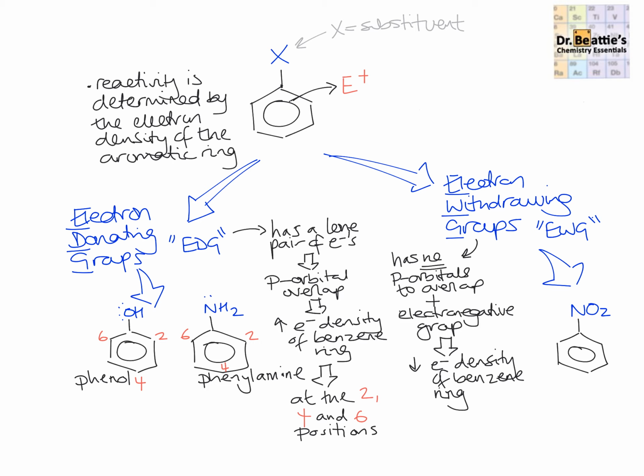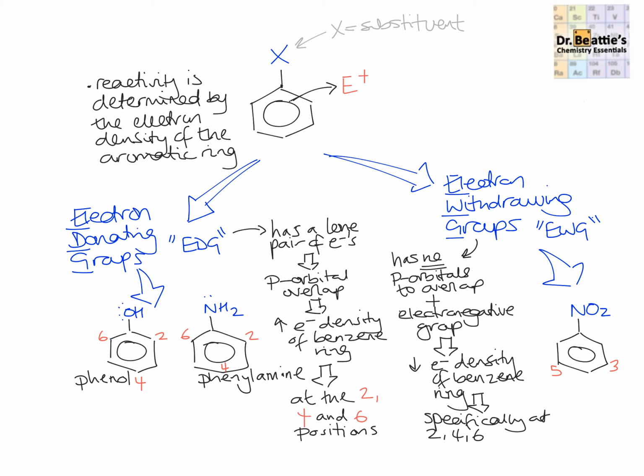Now, not all things are equal, and what actually happens is it takes electron density away mainly from the 2, the 4, and the 6 position. And so if it's taking electron density away from the 2, the 4, and the 6 position, that actually makes the 3 and the 5 positions relatively more dense with electrons.